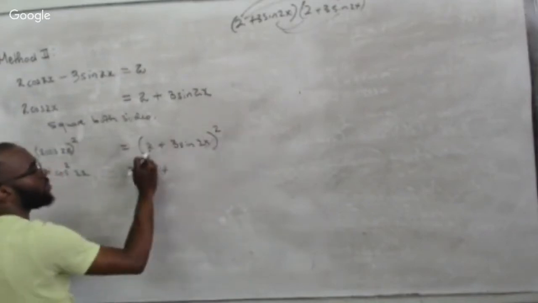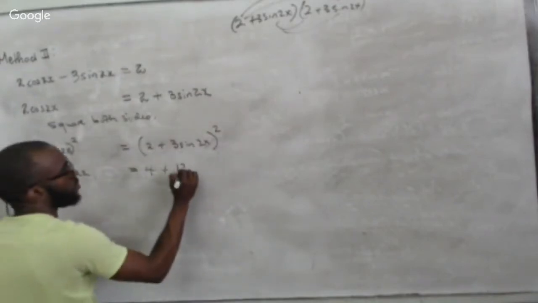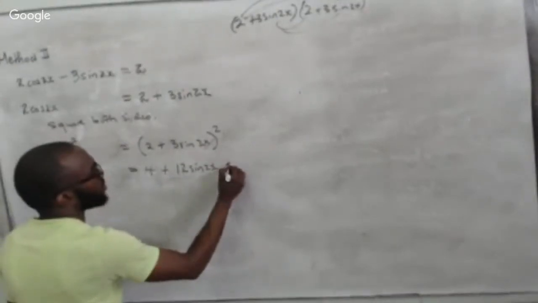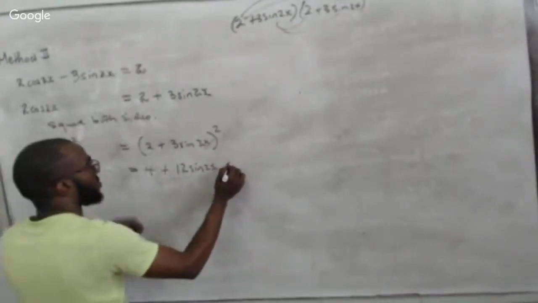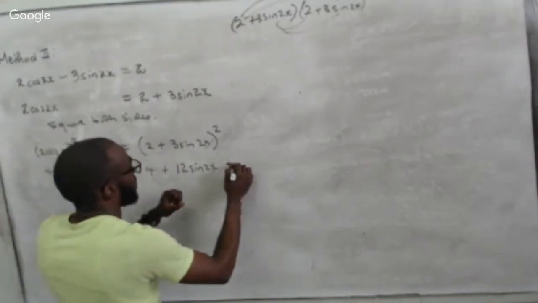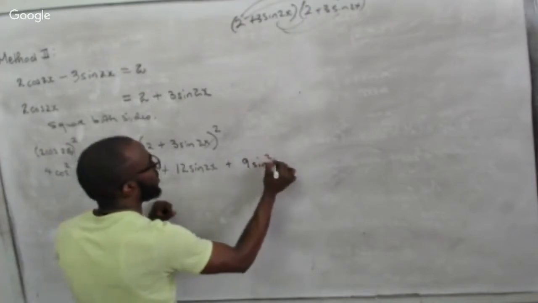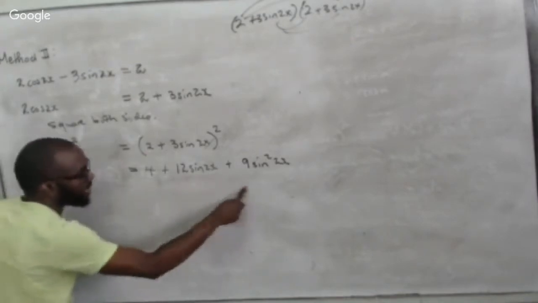Can you see that 2 times 2 is 4, times 3 is what? 12 sin 2x, plus 9 sin squared 2x. Is everybody following so far? I still get back sin 2x, but I never get sin 2x and cos 2x together. I only get one of them.